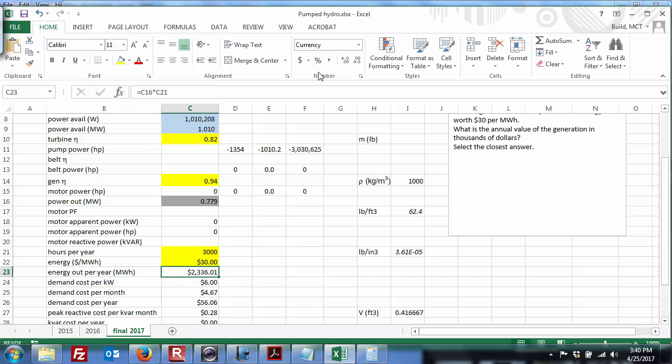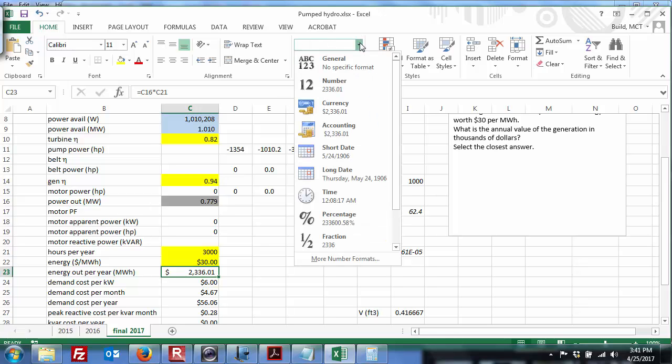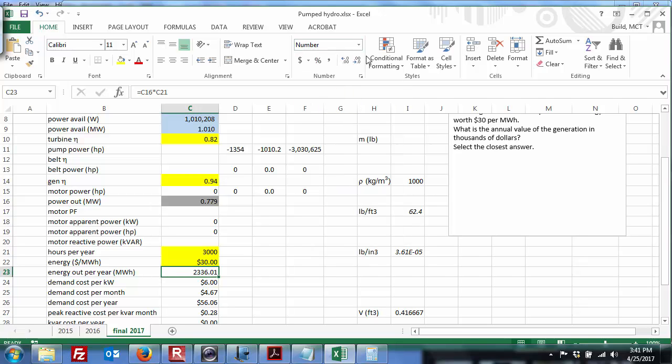It's not in dollars. How do I undollar it? Go up to where it says accounting. Oh, yeah. General, or number. Yeah, there we go. Cool.